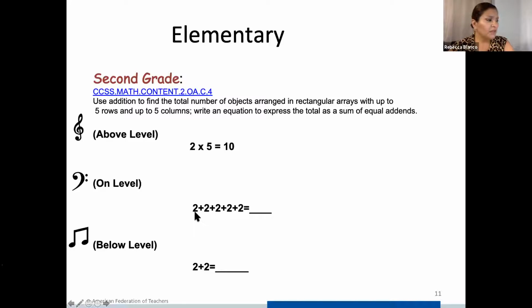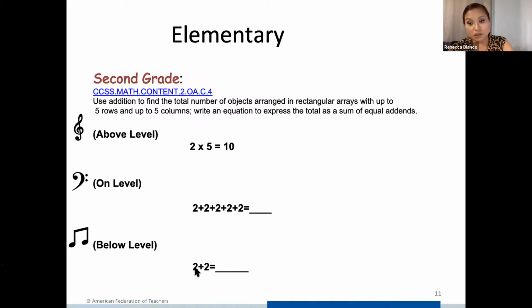And then on level, they'd be able to do the adding, right? The multiple adding. So repeated adding of 5 groups of 2, and again, you'd make that array of 5 in a column and 2 rows. And then the below level might not be able to get all the way up to that, right? So the 5 by 5, they might not be able to do that.